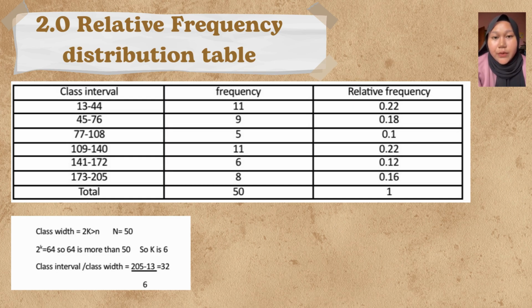So the total for frequency is 50 and the total for relative frequency is 1.